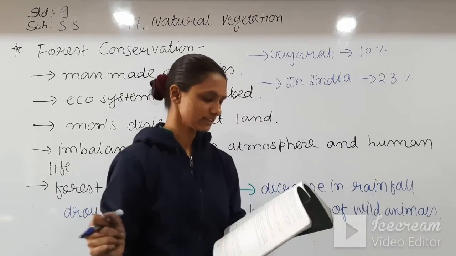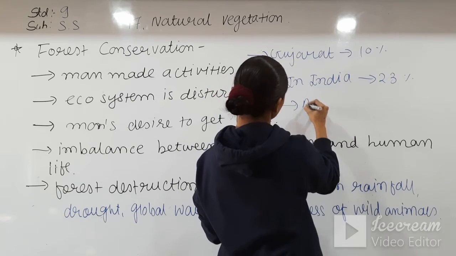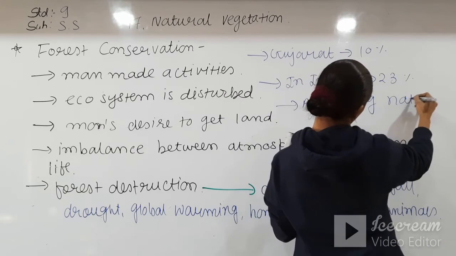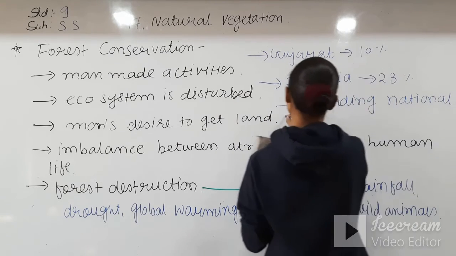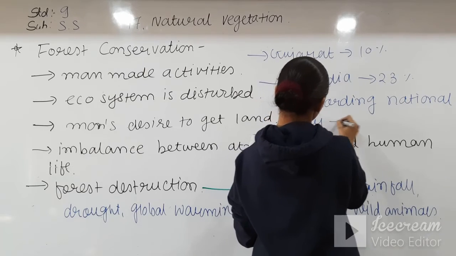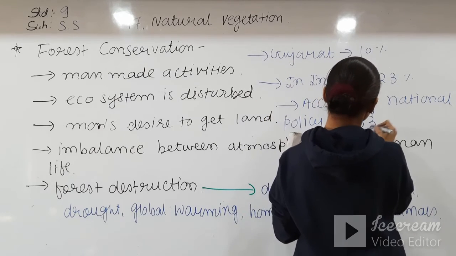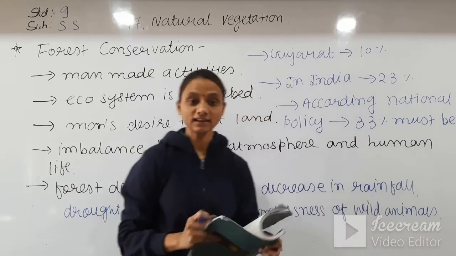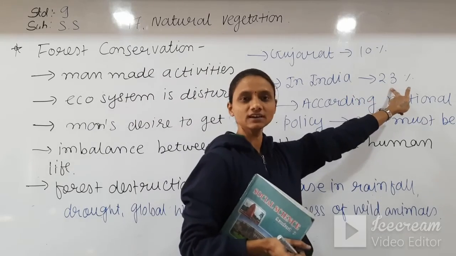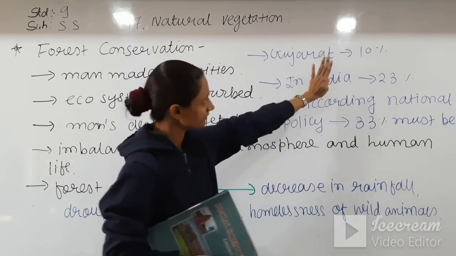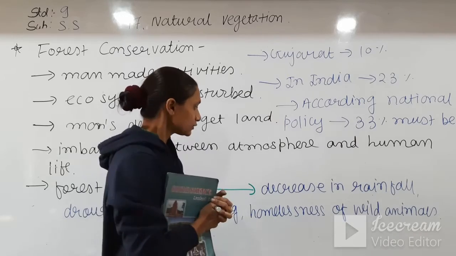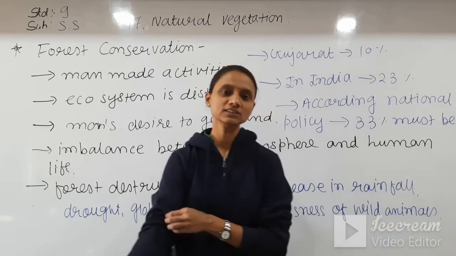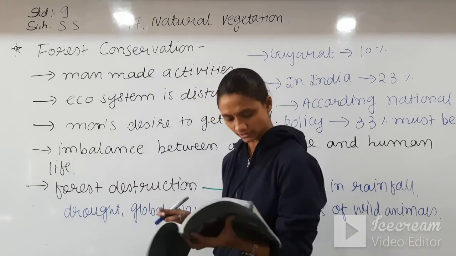And according to this national policy, 33% must be there, while we have in India only 23% land of forest, in Gujarat we are sharing only 10%. So this is the situation of our country as well as Gujarat. Please note down these, students.